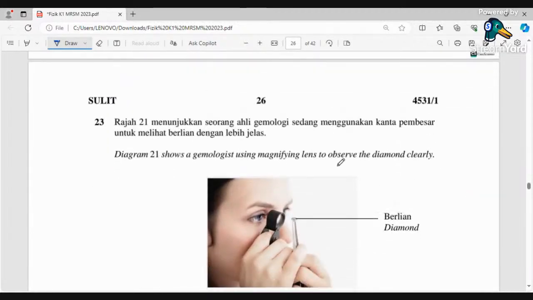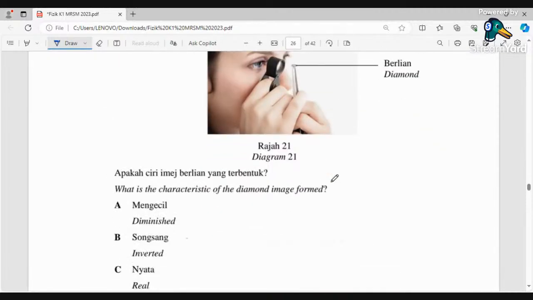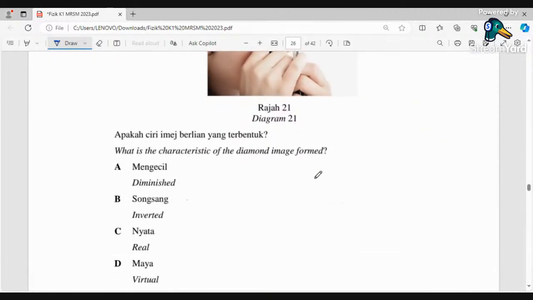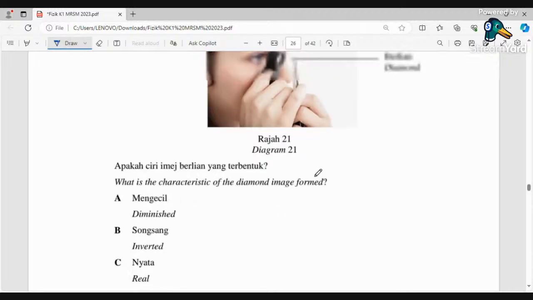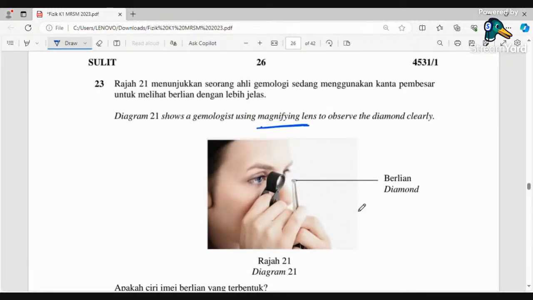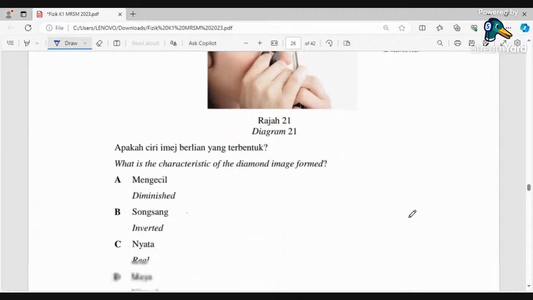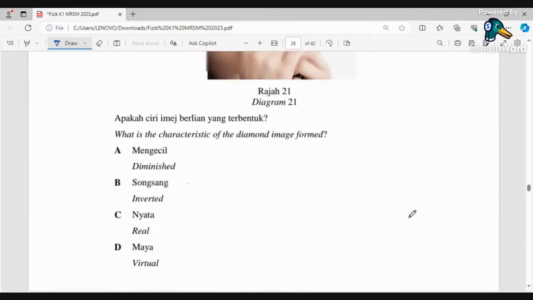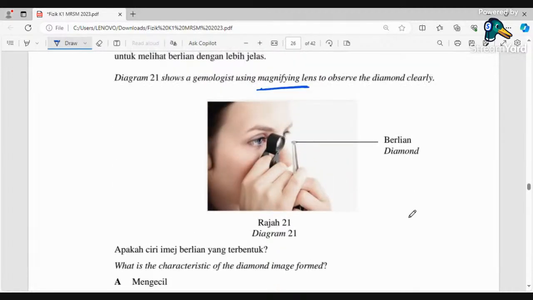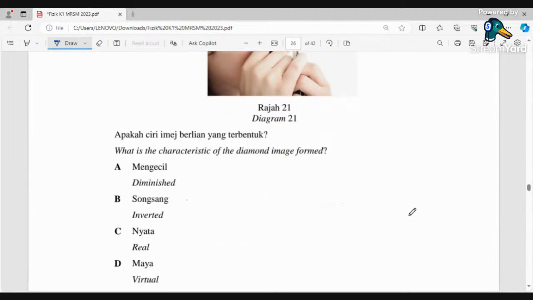Number 23, magnifying lens. Observe diamond. What is characteristic of diamond image form? Okay, kalau kita gunakan convex lens, kita letak dekat dengan objek, very close dengan objek.